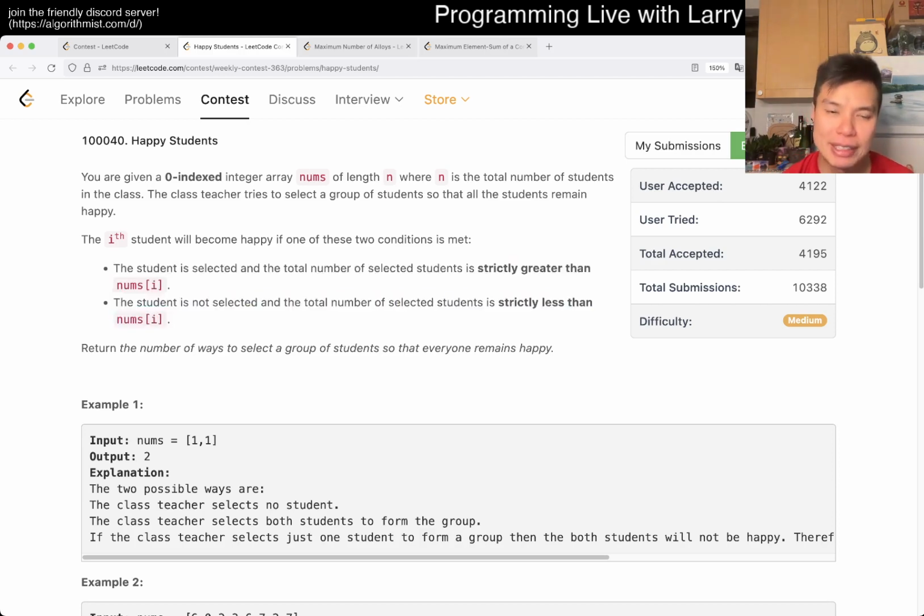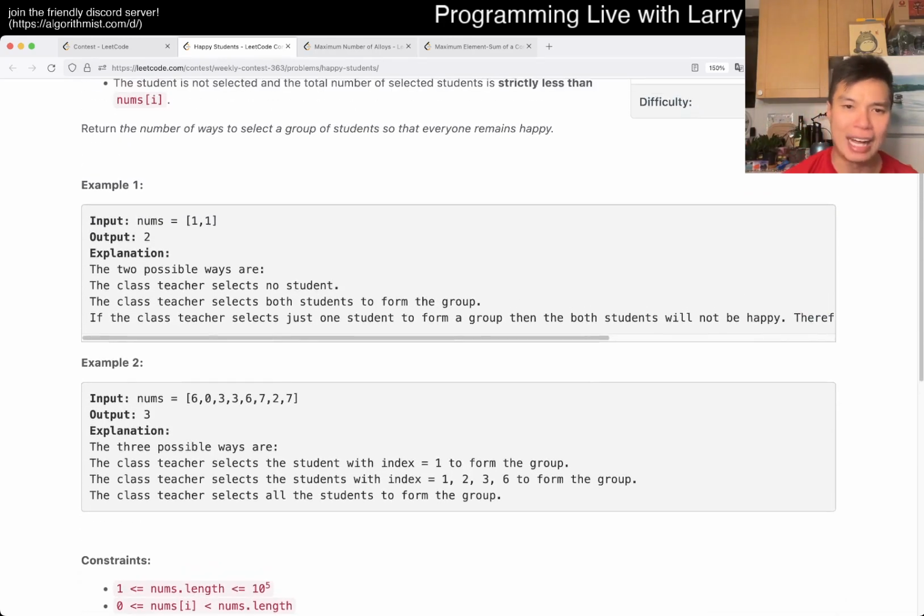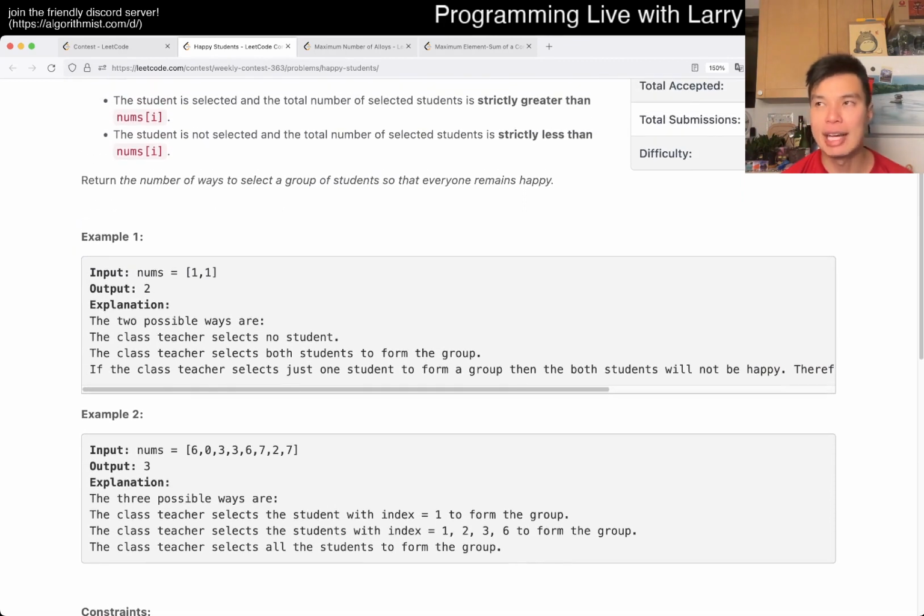So that's basically the idea. And once you realize that you're trying to split it up, then you just have to ask yourself, and the sorting is where this comes into play more, is the possible group 0 students, 1 student, 2 students, 3 students, right?